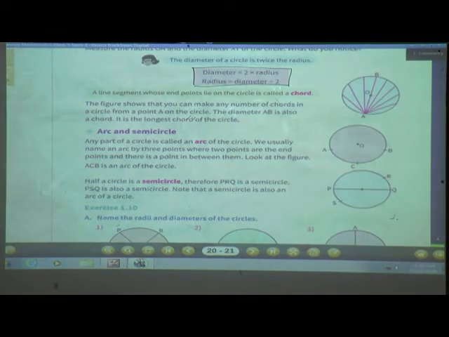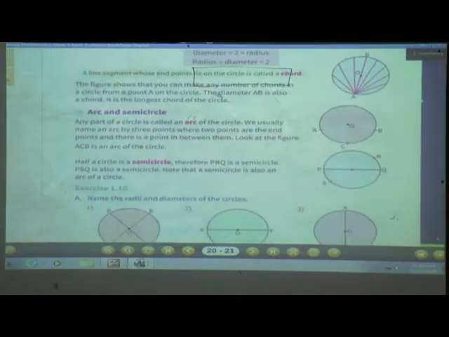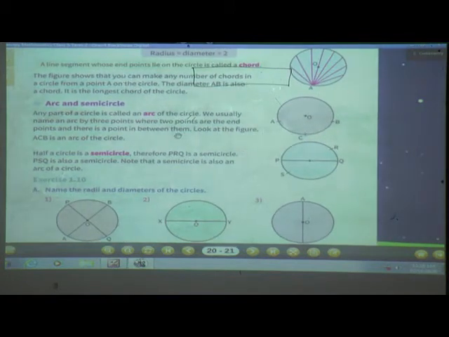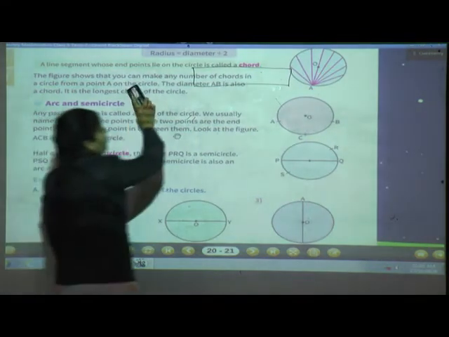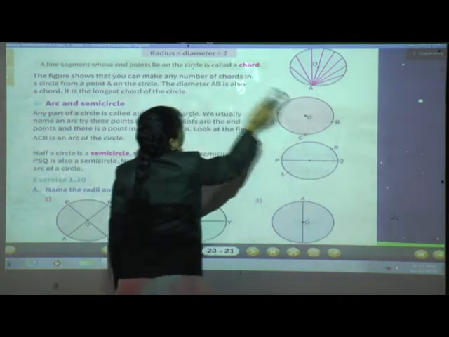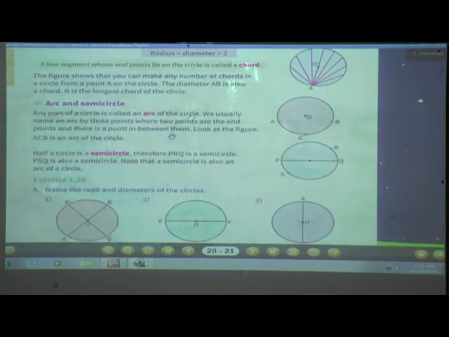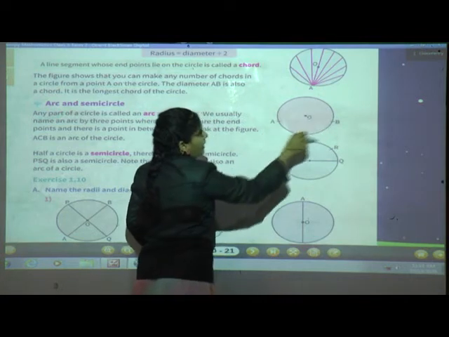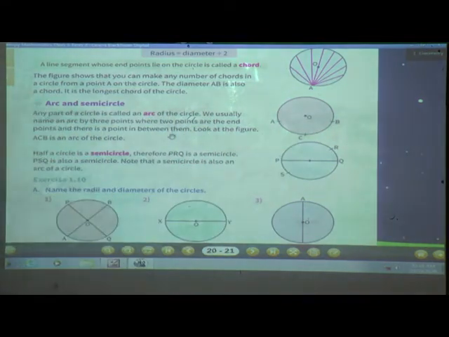Now students, we see arc and semicircle. What is an arc? Any part of a circle is called an arc.